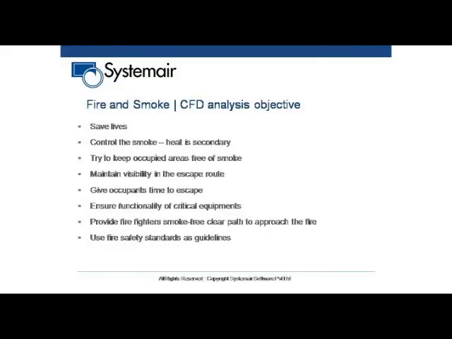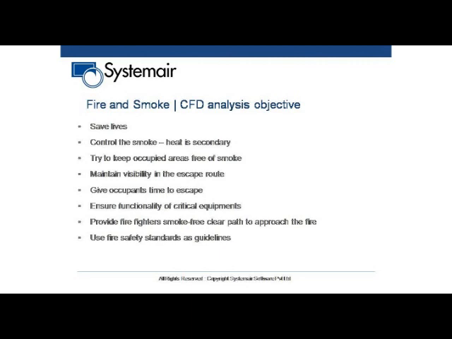I think the speaker before me explained in detail why we need to go into detail on fire safety design. CFD is another tool in that direction to save lives. Basically, as ventilation engineers, what we focus on while designing a ventilation system is the control of smoke.